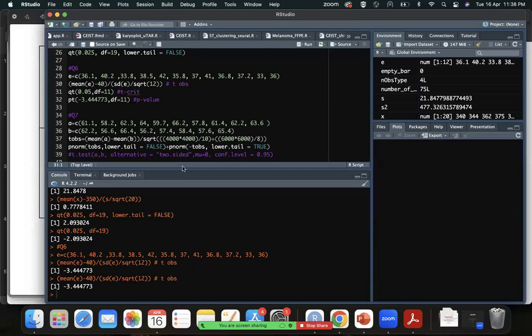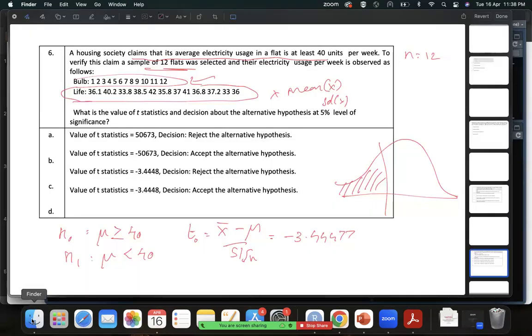If you draw it, at least 40 means less than 40 is your reject. So it's a left-sided test.